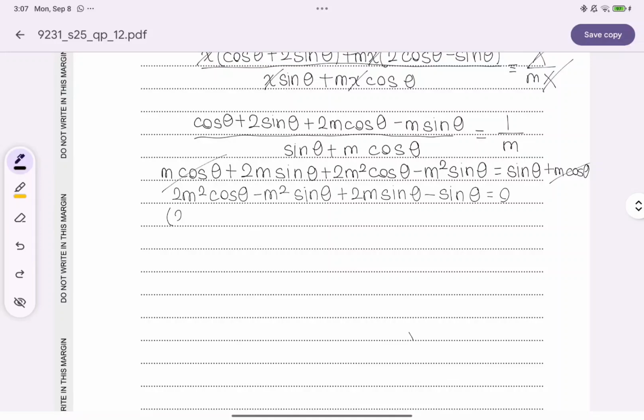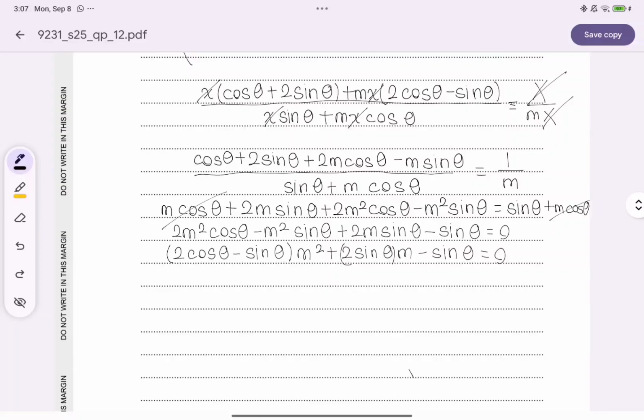Alright, so this would be 2 cosine theta minus sine theta m squared plus 2 sine theta m minus sine theta equals to 0.